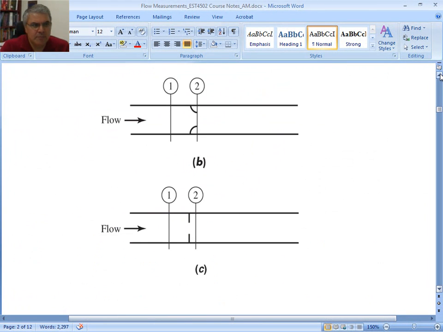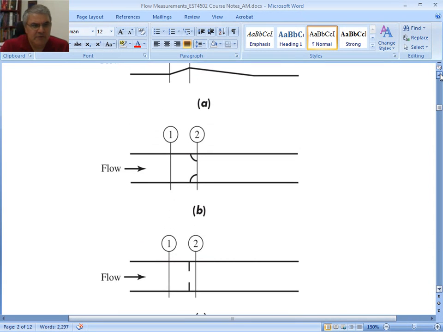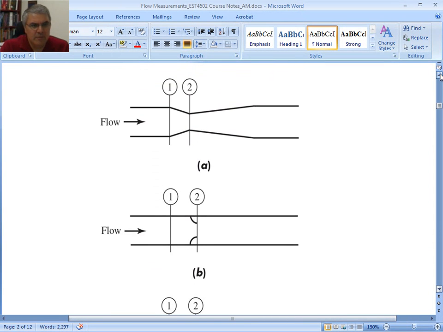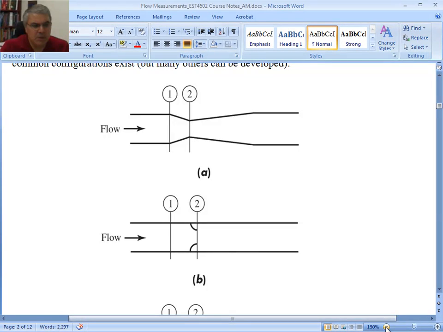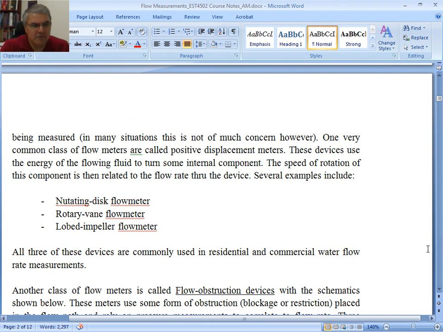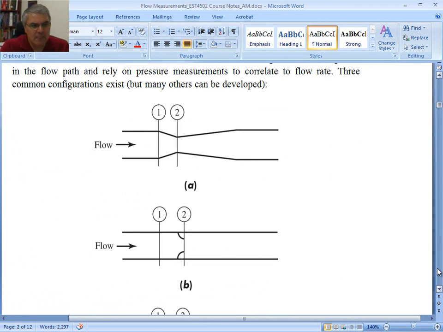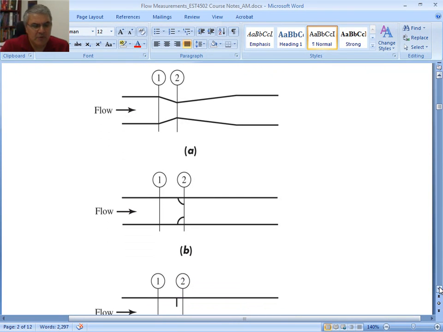There we go. As you can see, there are three figures shown here. I'm going to reduce this a little bit so you guys can get the picture. Okay, so this is the three types of obstruction meters. They're pretty typical.